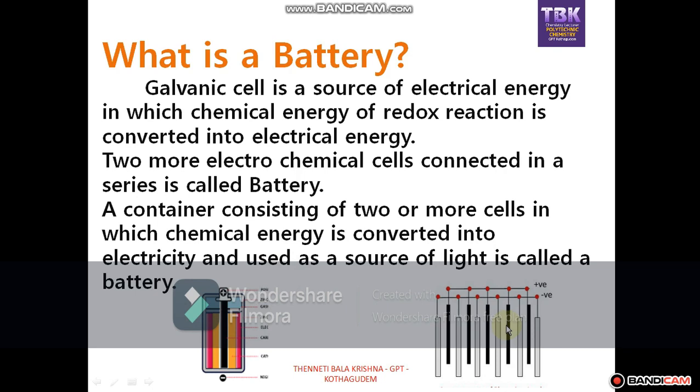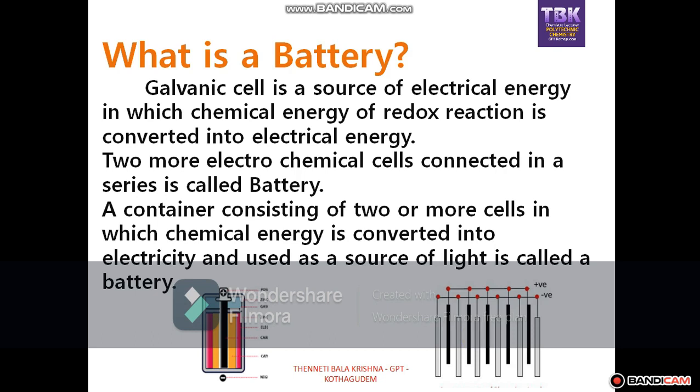A battery also generates electricity, but it contains many anodes and many cathodes. Many more than two cells are connected in series. So the connection of many galvanic cells or electrochemical cells in series is called a battery.